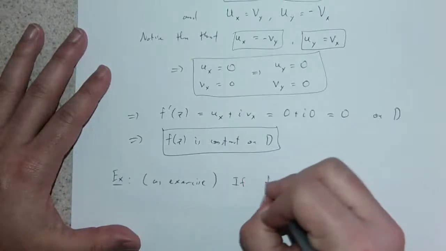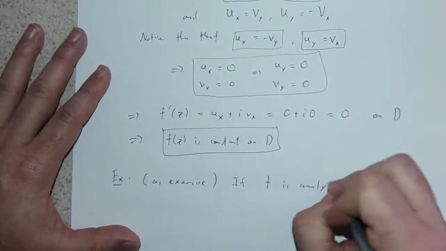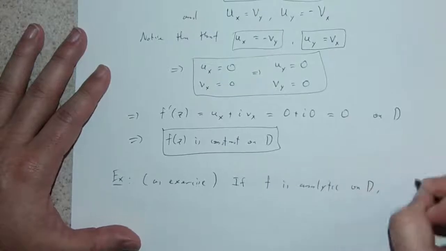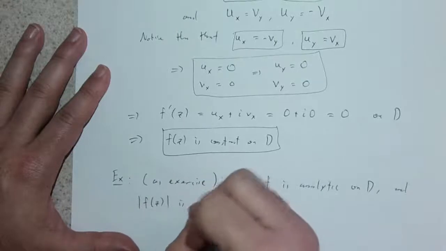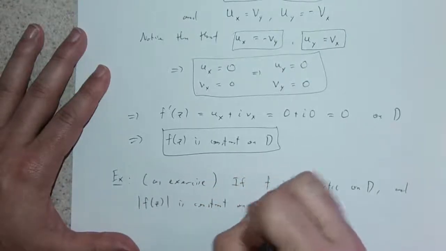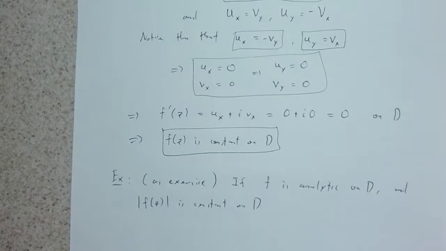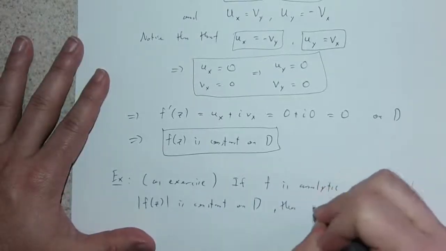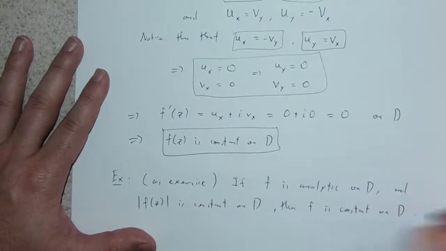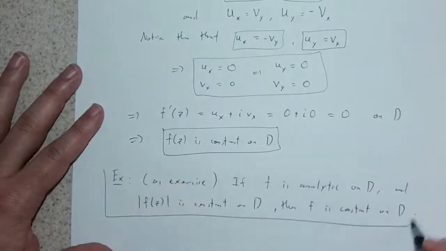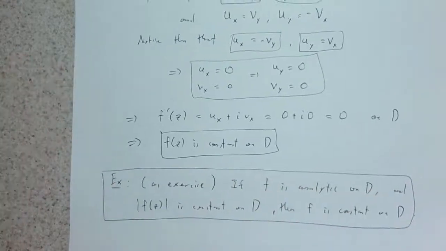If f is analytic on D, and the modulus of f of z is constant on D, then f is constant on D. So this is true. We'll use this later in a proof.